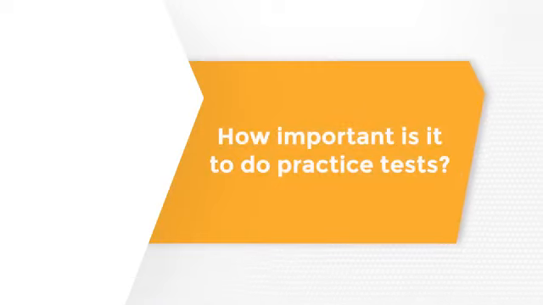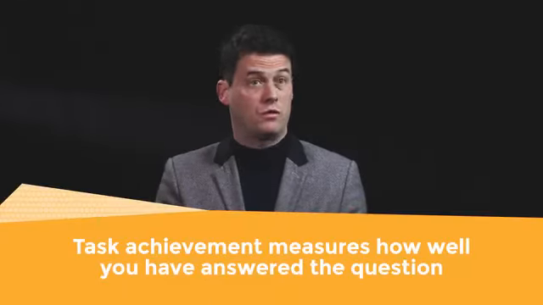It does seem a bit strange to say in one way, don't just do practice papers, and then in the other way say the way you get good at this is to do lots of them. But that's because there's one of the categories that a language teacher hasn't necessarily encountered in a language classroom before. In Task 1 IELTS it's task achievement, which is essentially how well have you answered the question, how well have you fulfilled the criteria.